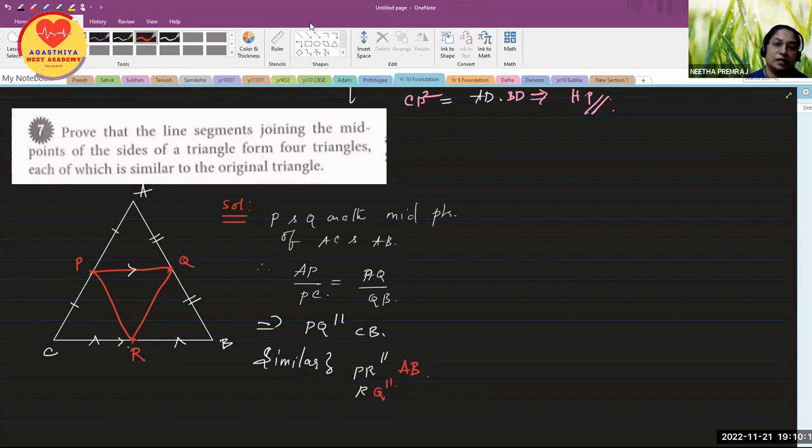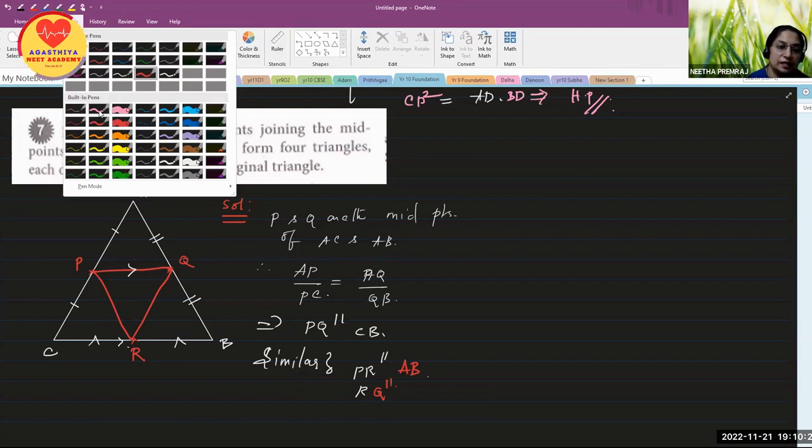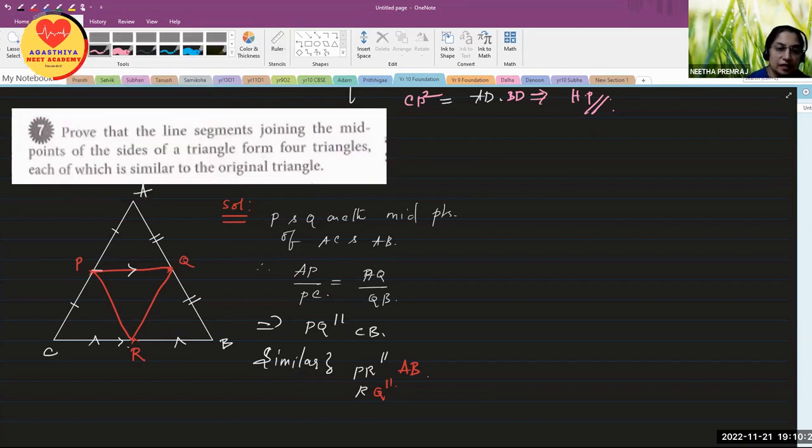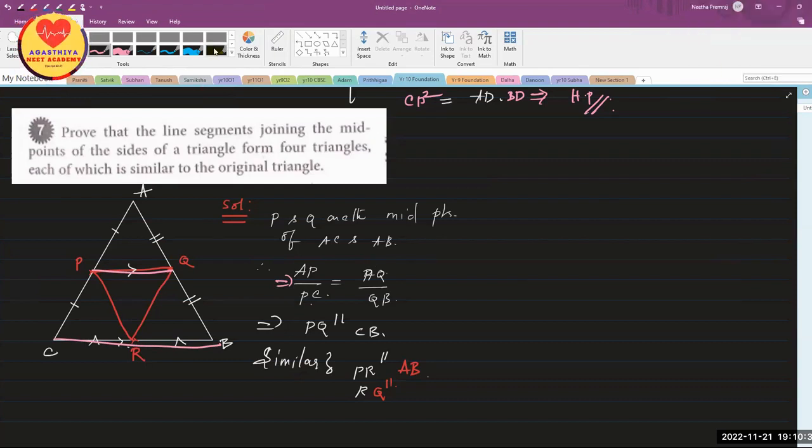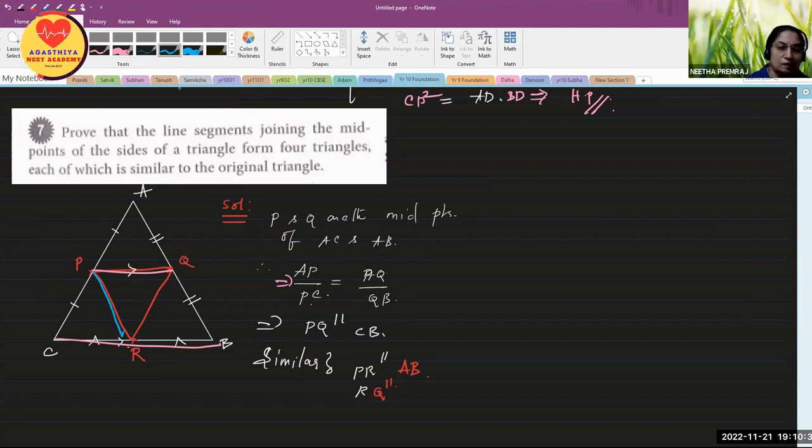Tell me. See, this line is parallel to this line because this ratio is equal: AP by PC is equal to AQ by QB. Similarly, this one, PR is parallel to AB.